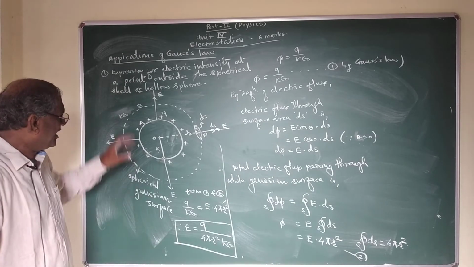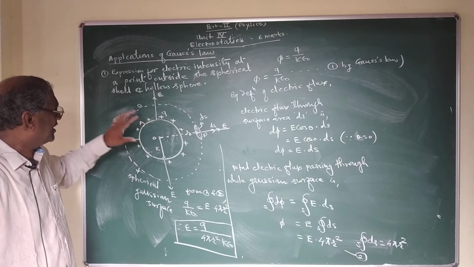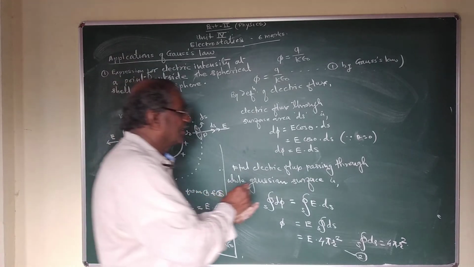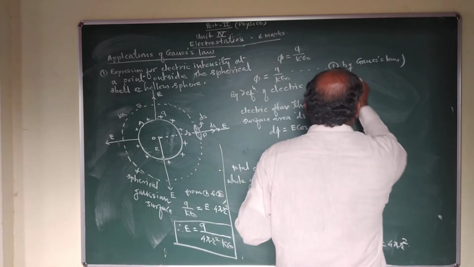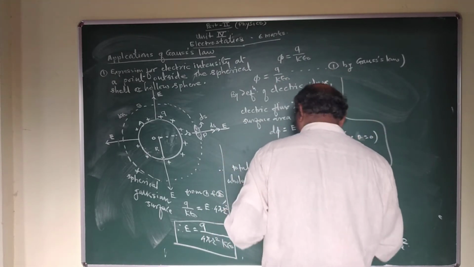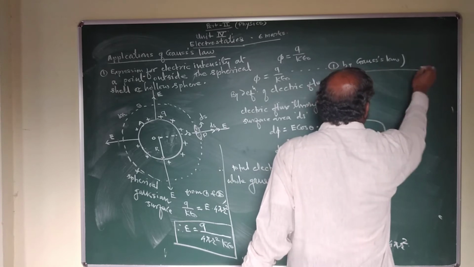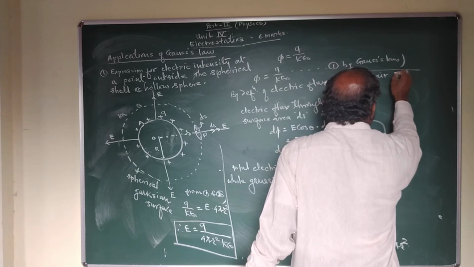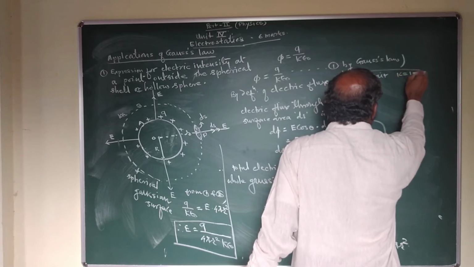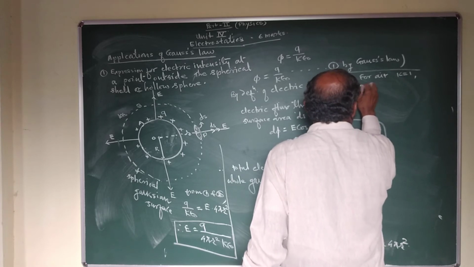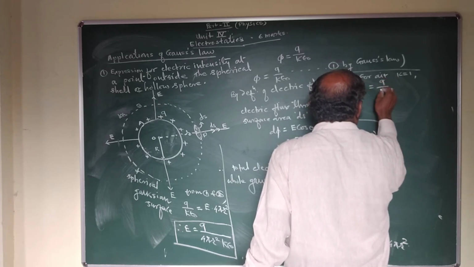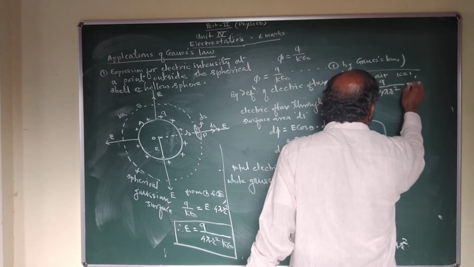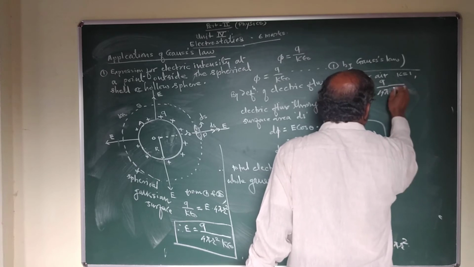Now, if I place this charged sphere in air or vacuum medium, then k is equal to 1 for air. Therefore, in this equation we can write E is equal to q upon 4 pi r square epsilon 0, or 4 pi epsilon 0 r square.